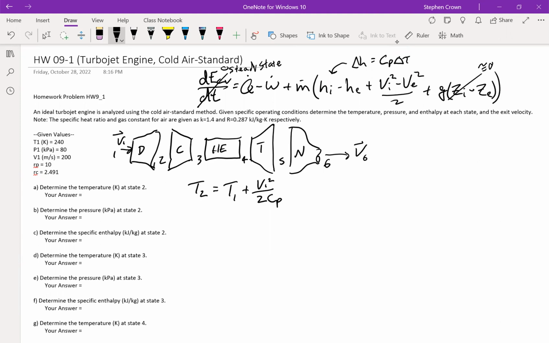Right, and then for the heat exchanger, the work is zero. For the nozzle and the diffuser, the work and heat transfer are zero. And for the compressor and the turbine, the heat transfer is zero. So we cross out different terms, but for the nozzle and diffuser, we're crossing out both Q and W. So we end up with delta T plus the change in kinetic energy.